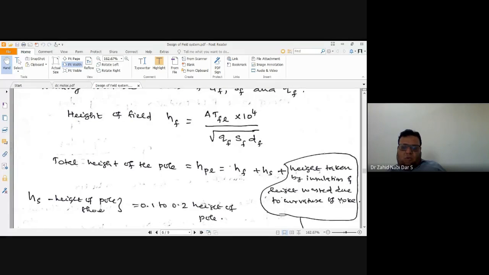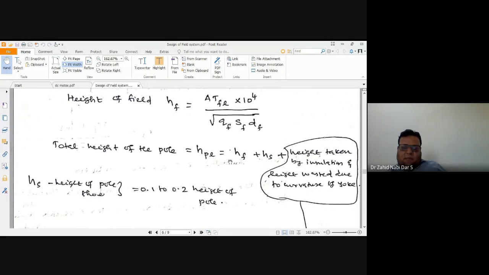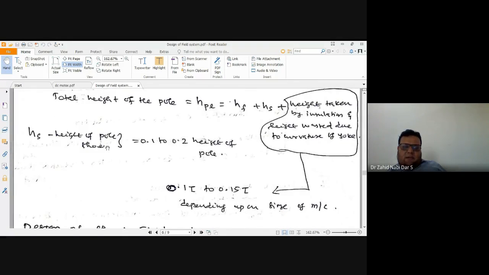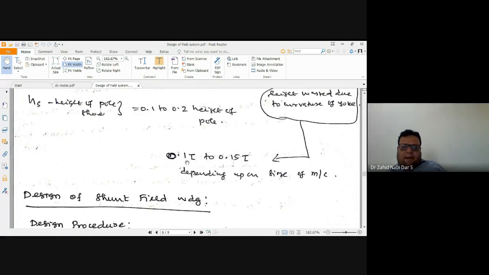Curvature of the yoke. So these are the three terms which we have to take into consideration. You can write HF plus HS plus HY. So HS is height of the pole shoe, that is around 0.1 to 0.2 height of pole, and 0.1 Tesla to 0.15 Tesla depending upon the size of machine.